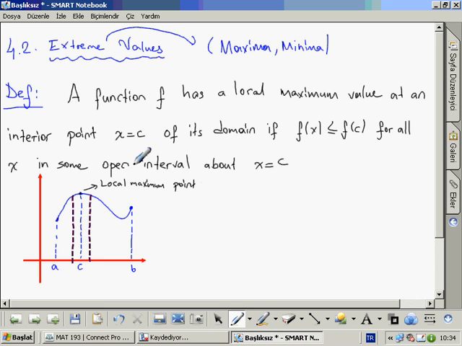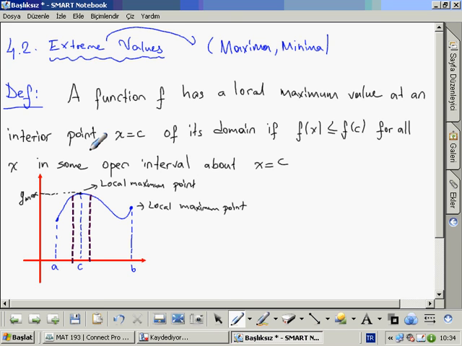And this point is a local maximum point too, and as you see this is the y max, and we will call this C point the absolute maximum point after that.